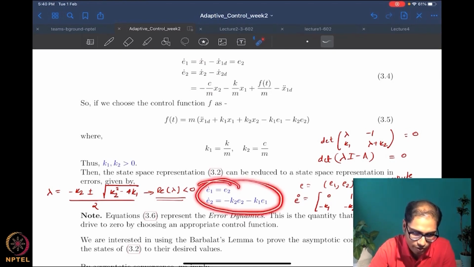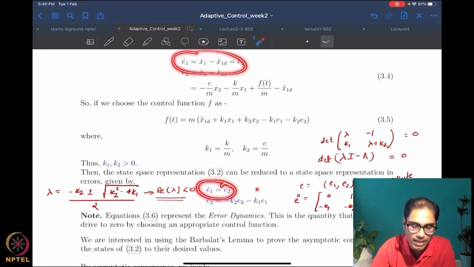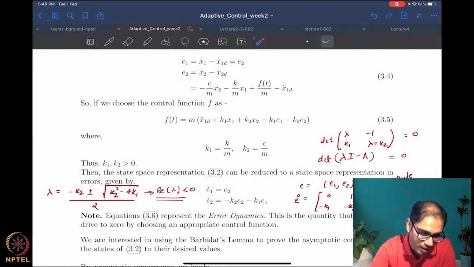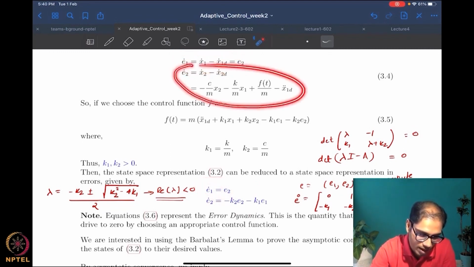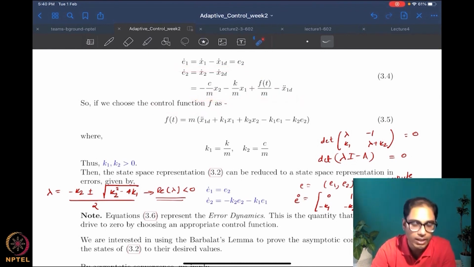Because I already see that the first equation is matching. If the first equation was not matching, then I had no hope, because I have control, that is this f over m, the control function, only on the second equation and nothing in the first equation. So the first equation definitely had to match, and they do.